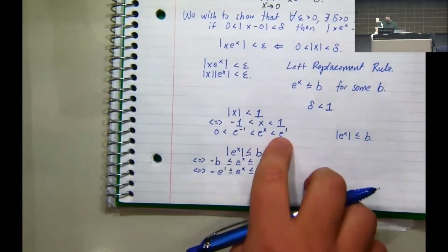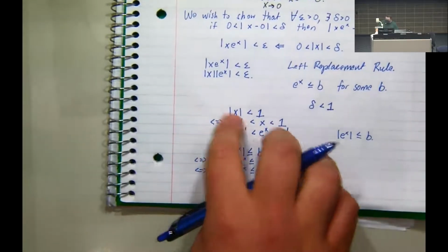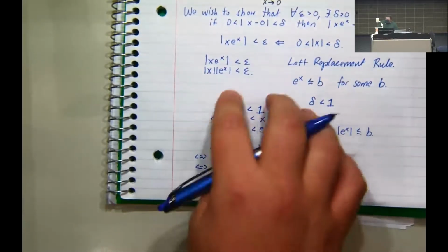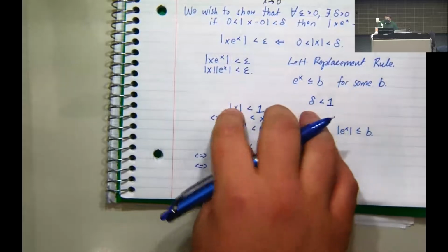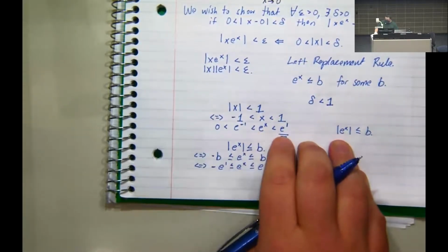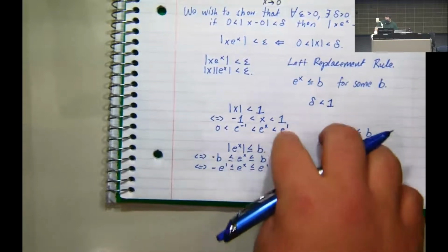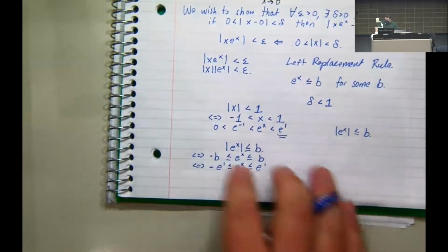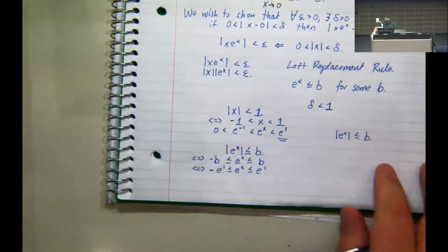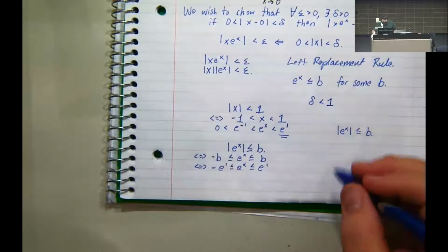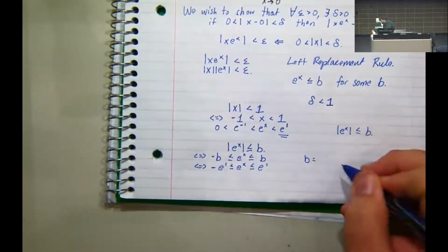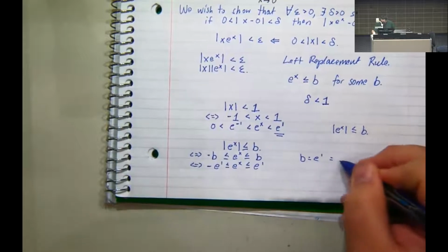So how did we get here again? We started with our delta is less than 1, and then we transformed this to get e to the x. So we know this is true. And then we guessed that this will be our b value, and when we sub it in, we get this still to be true. So therefore, our b value is going to be e to the 1, or just e.